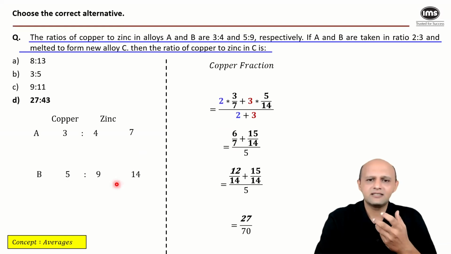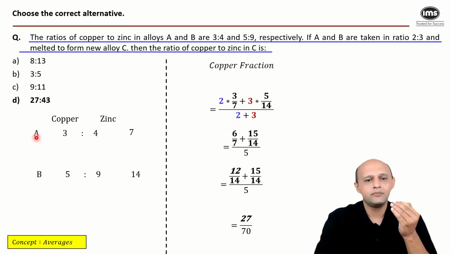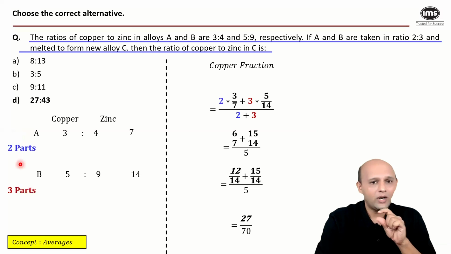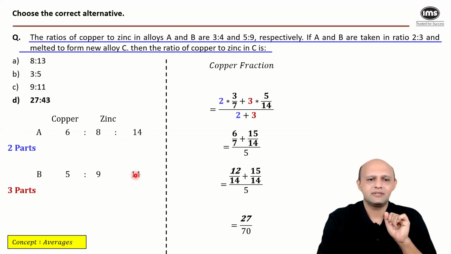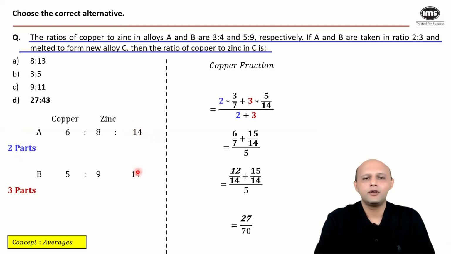What we do here, friends, is try to avoid fractions, because you're mixing 2 parts from here and 3 parts from here, 1 part in total should be the same. So if the total units are 7 here and 14 here, you just calculate the LCM and ensure you're arriving at the same total value. So you can avoid fractions.